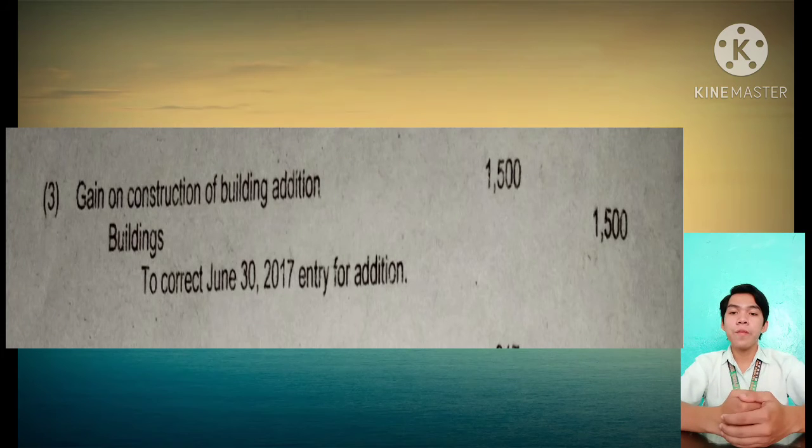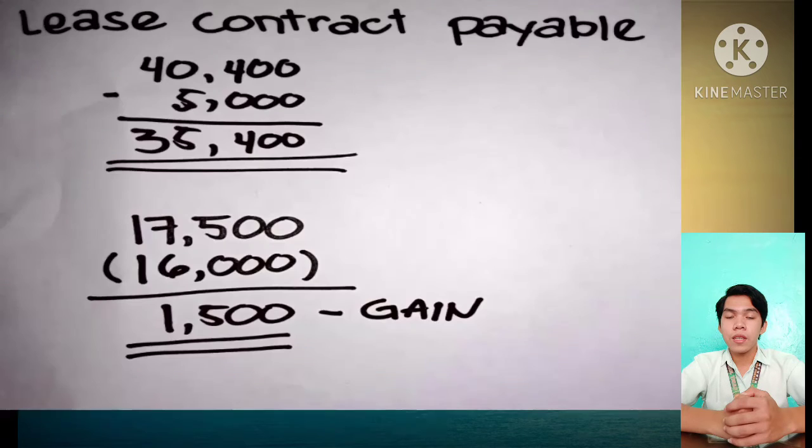For information number 2, we can observe that there is a gain on the construction of a wing on the plant, which is 1,500, by deducting 16,000 for the cost of the construction from 17,500 for the lowest bid of the construction.